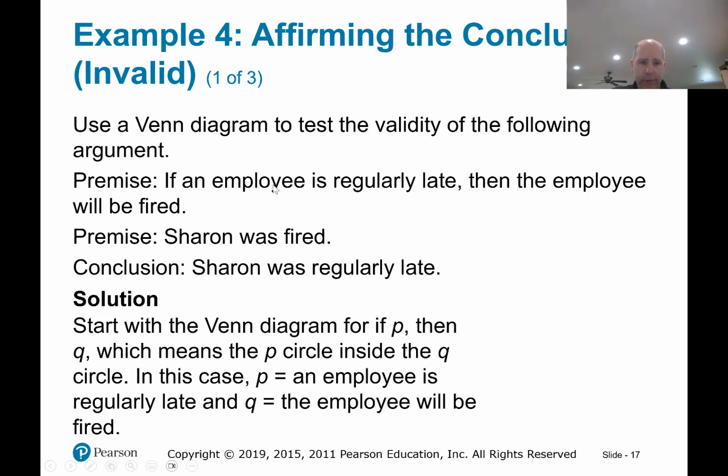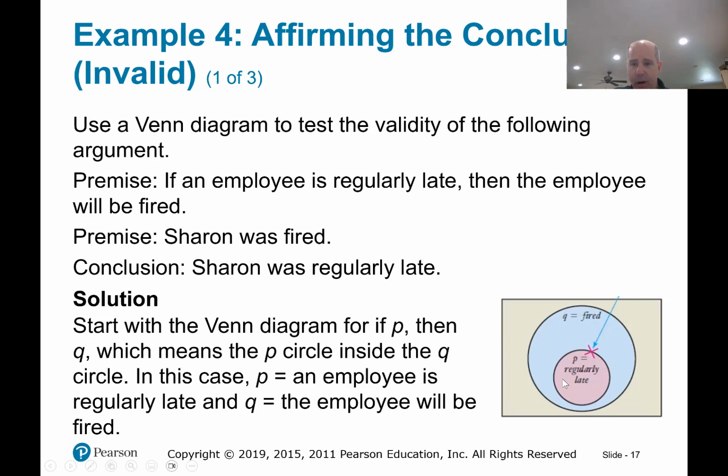Okay, so we have concentric circles, and then Sharon was fired, so we'll have to figure out where the X goes, right? So here's our Venn diagram. We've got the circle of regularly late people, that's the pink circle, inside the bigger circle of people who get fired or who will be fired. Okay, so now it says Sharon was fired. Well, all that means is that Sharon is inside the blue circle.